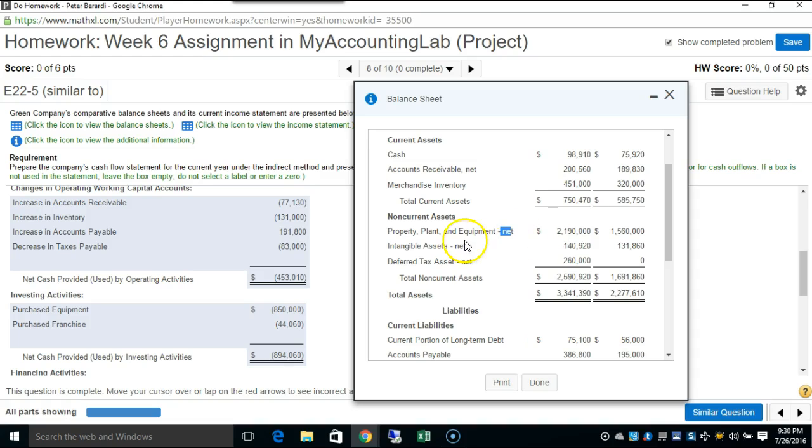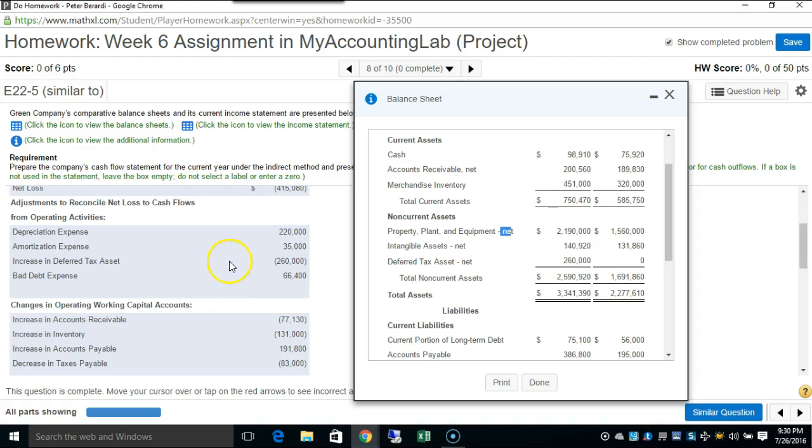Now, a normal balance sheet would likely just have property, plant, and equipment at cost by itself. And then you would see accumulated depreciation as a separate line item. Therefore, you wouldn't have to go through this step. The accumulated depreciation, the difference from year over year, should exactly equal your depreciation expense. And you wouldn't have to add that back because your property, plant, and equipment wouldn't be net. It would be at gross.